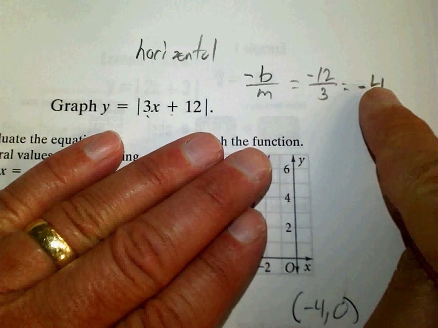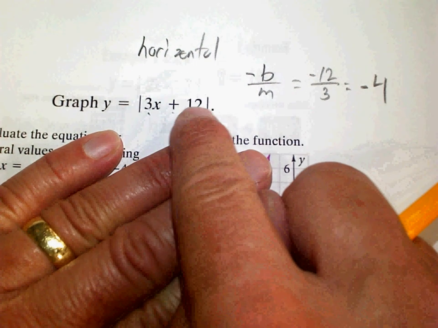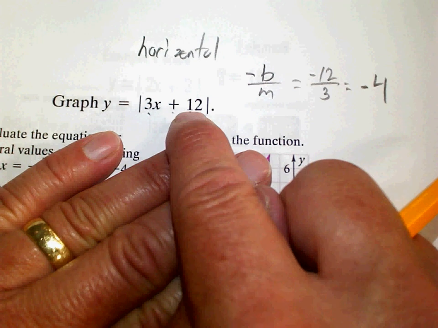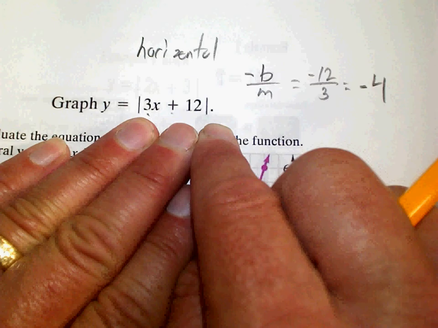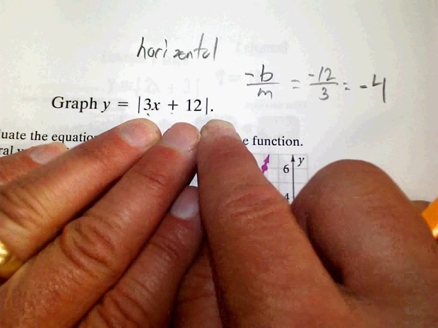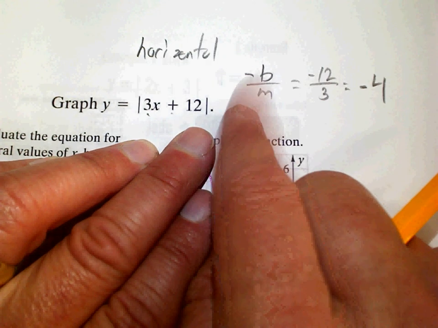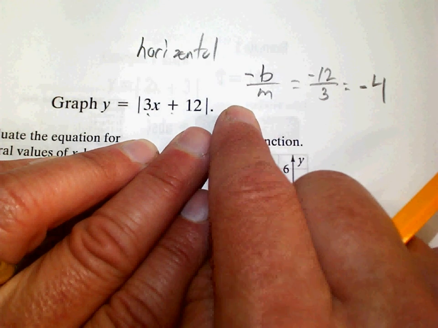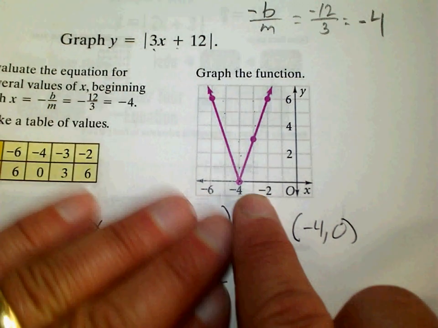All right, will this shift vertically from the parent function? Why do you say no? That's right, nothing outside, no C, nothing's there. So if you look now at the graph, it makes sense. It went 4 to the left, and that was it.